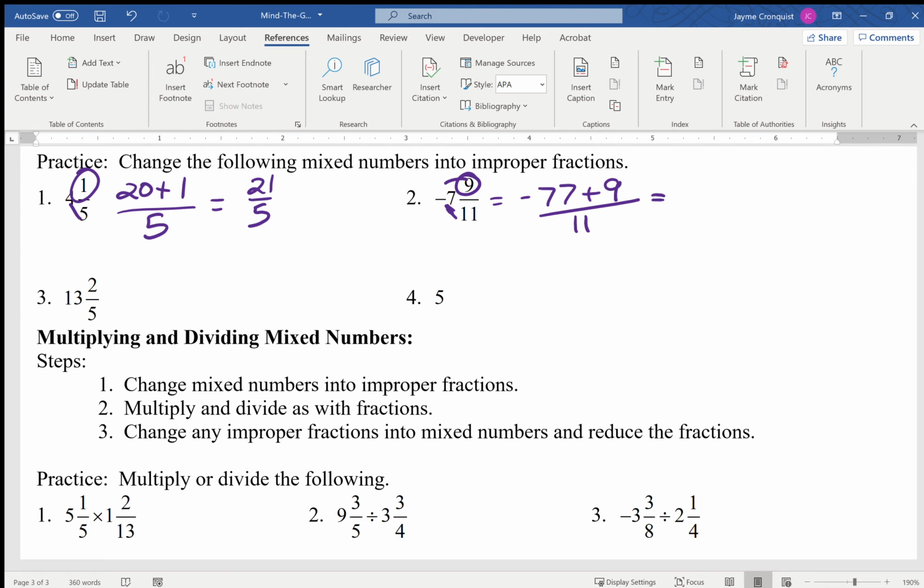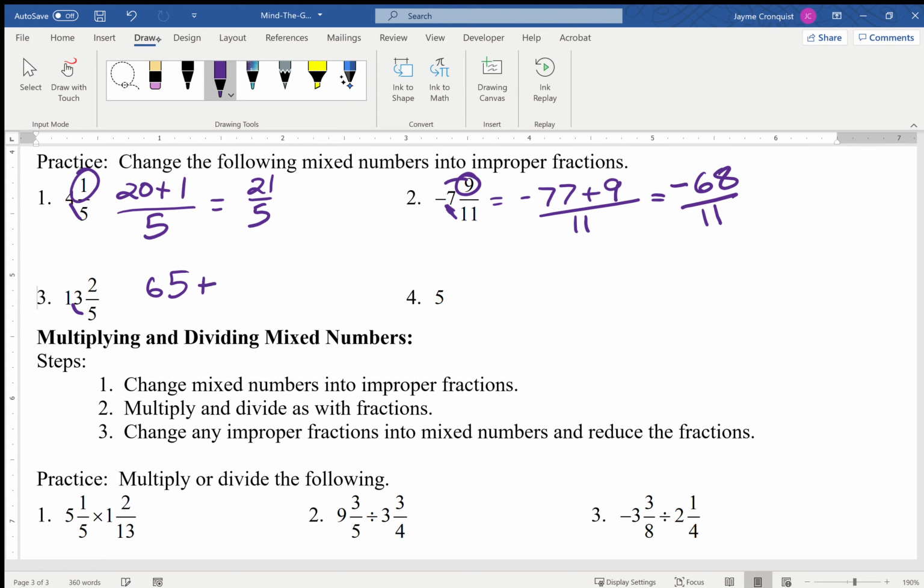All right. 13 times 5, whoops, pardon. 13 times 5 is 65, plus the 2, all over 5.